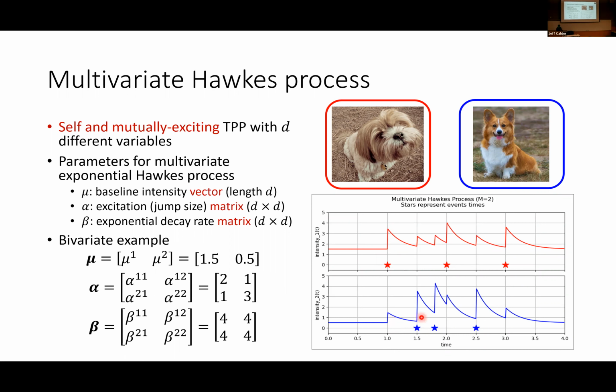Similarly, when that dog now pees on my fire hydrant, it excites both his events and Murphy's events. And so we have these two interacting processes. So this is a simple case of just two different variables, but it shows you how one type of event can excite both itself and other types of events.